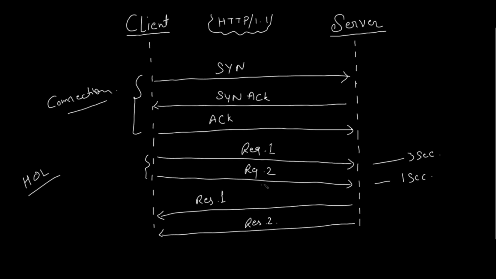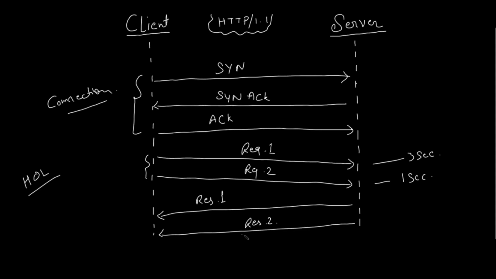So ideally, the response of request 2 should be received by the client first, right? But that is not going to happen. Thus, responses will be in the sequence in which the requests were sent to the server.